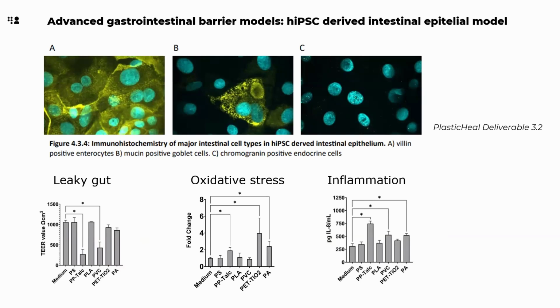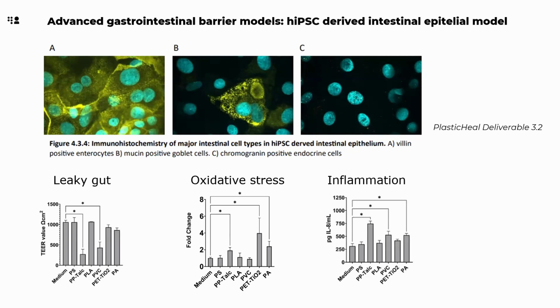Moving to hazard assessment, this is an example, again, of what we have done with advanced gastrointestinal barrier models. We have assessed several different models of this type of barrier. And it is quite clear for us now that the more this barrier resembles the physiology of the organ, the better is the assessment of the hazardous effects or the kinetics.